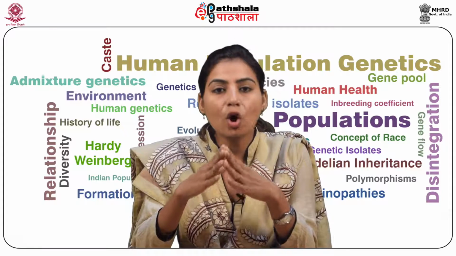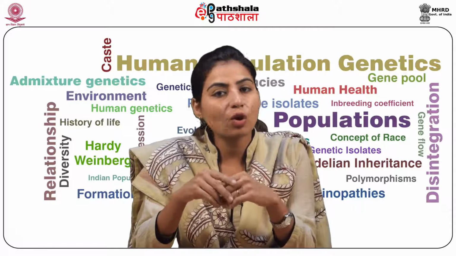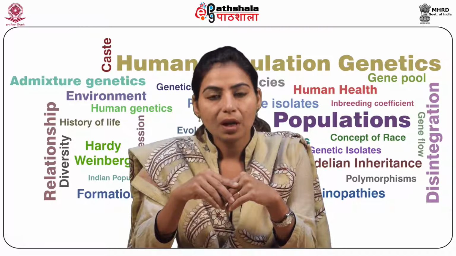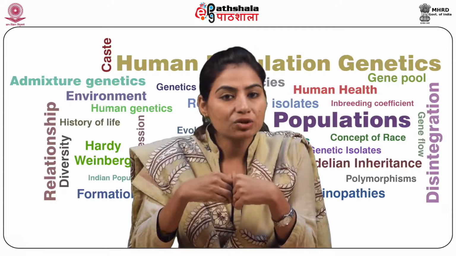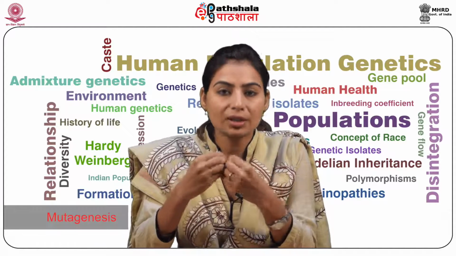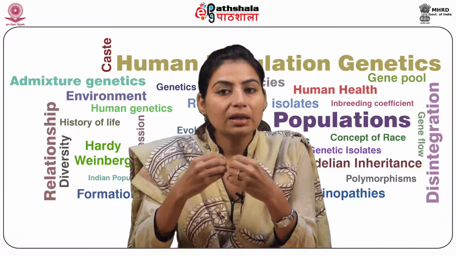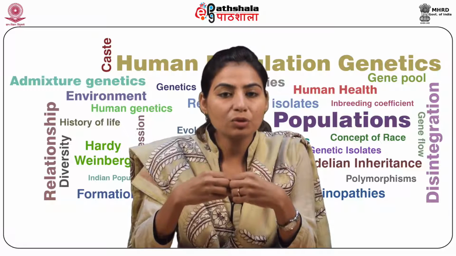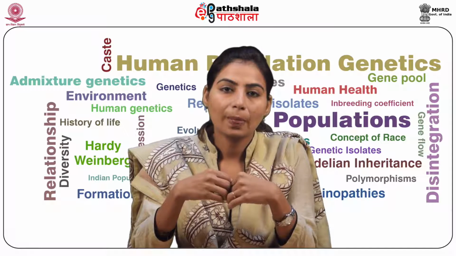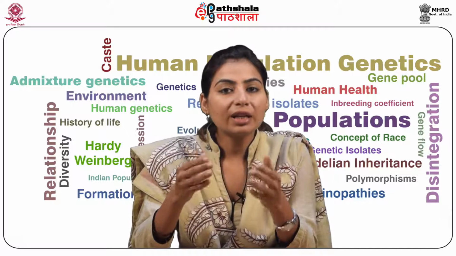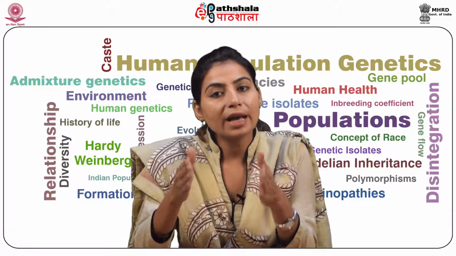Mutation includes all types of heritable changes of an organism. The process by which mutation is introduced in a gene is termed mutagenesis, whereas the resultant phenotype with mutation is called a mutant. The factor which leads to the mutation is called a mutagen.